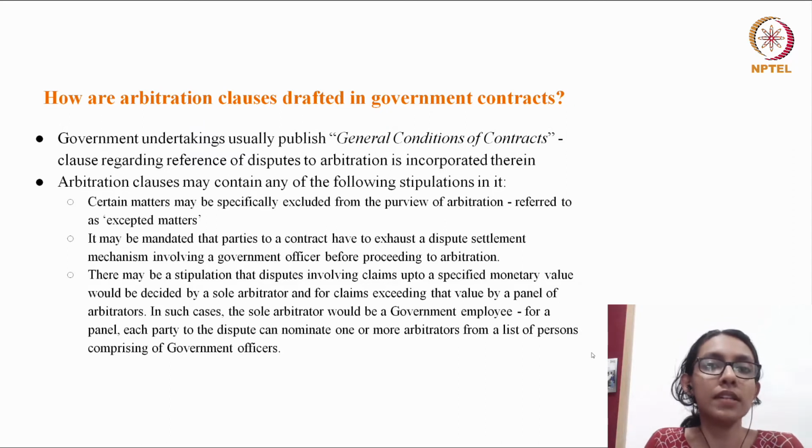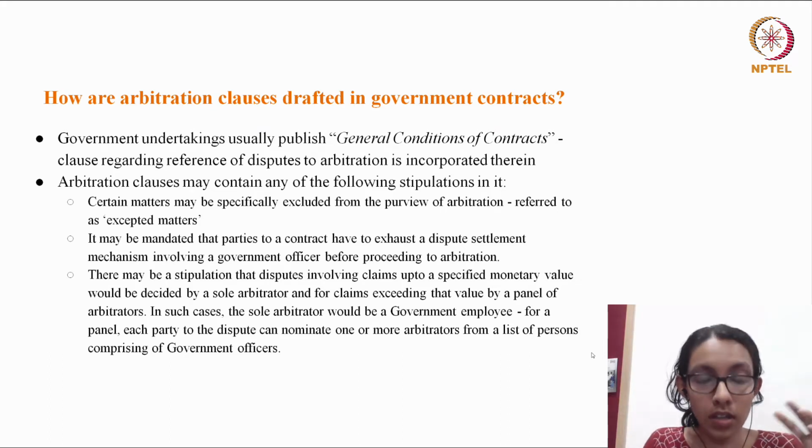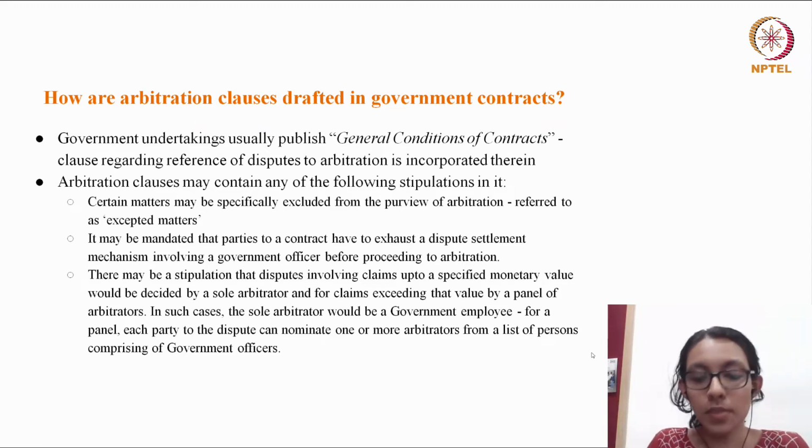What is to be borne in mind is that even if it's a sole arbitrator or a panel of arbitrators, they would be chosen from a panel comprising of government officers. Let us see some practical examples in order to understand this better.